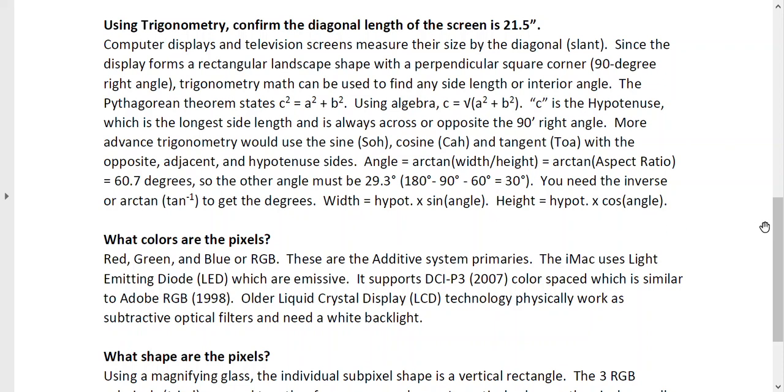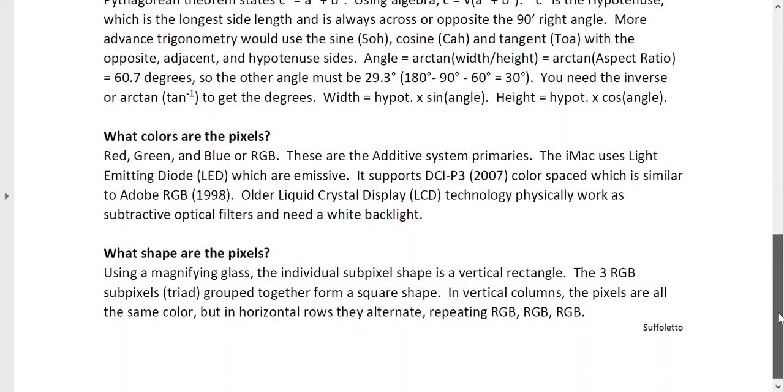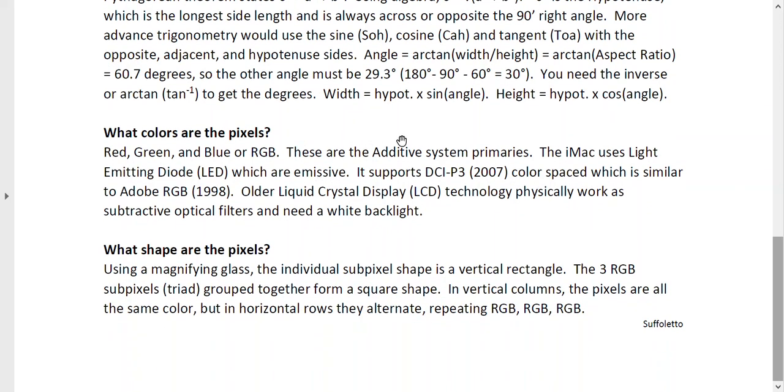And of course, when we talk about the color of the pixels, we know that they're red, green, blue, or RGB. That's the additive primaries. And the iMac uses light emitting diodes, or LEDs, and it supports the DCI P3 color space from 2007, which is about the same size as Adobe RGB from 1999.